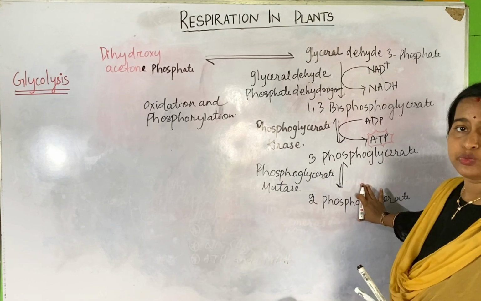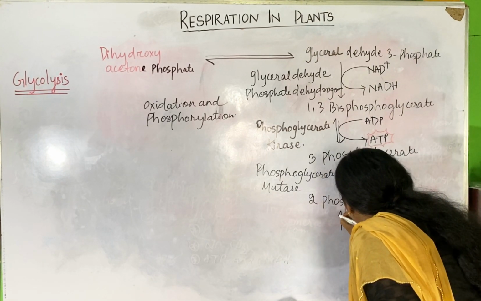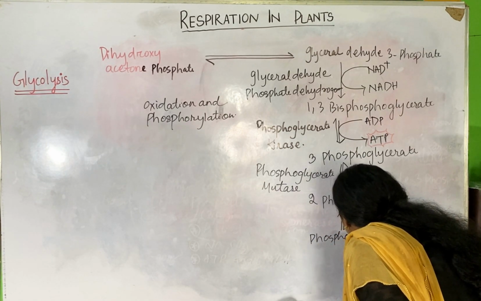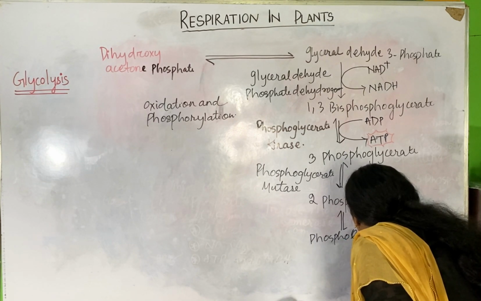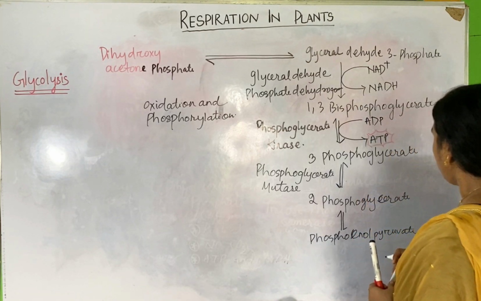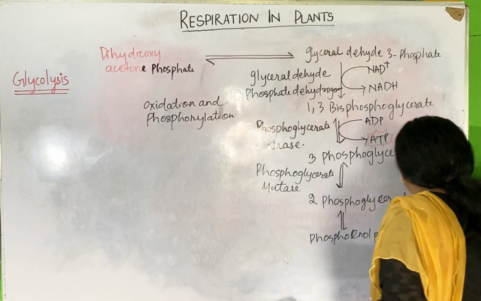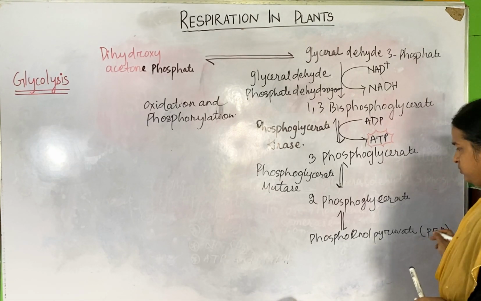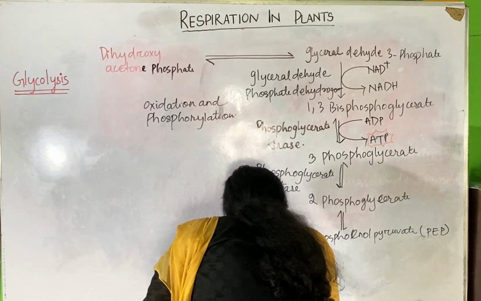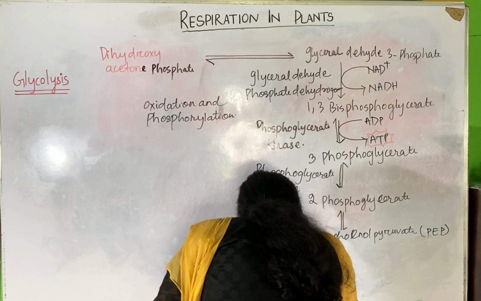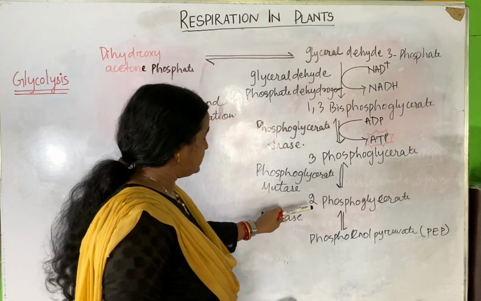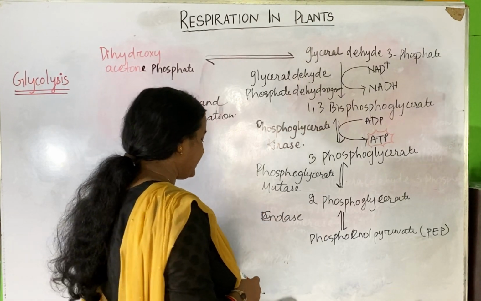So now the 2-phosphoglycerate will convert into phosphoenolpyruvate, or PEP. And the enzyme required for this conversion is called enolase.